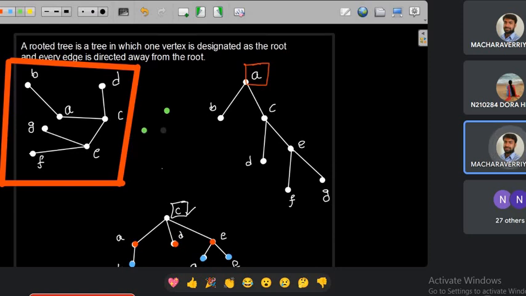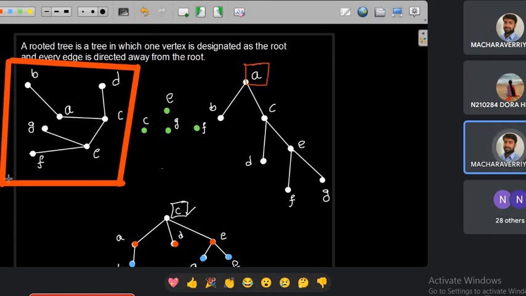I have 1, 2, 3. So I take C, G, and F. G and F are pendant vertices, so no issue.